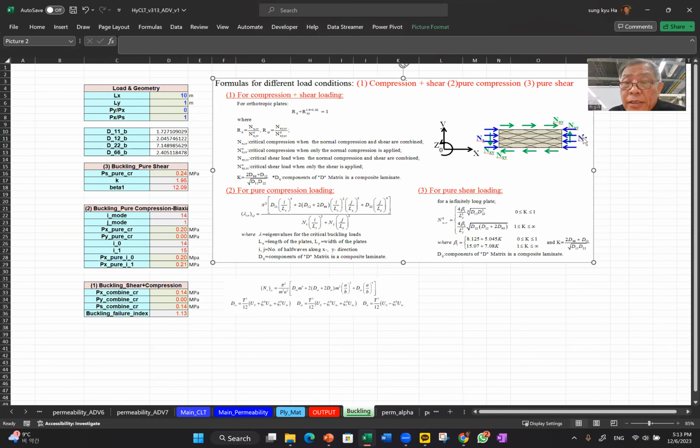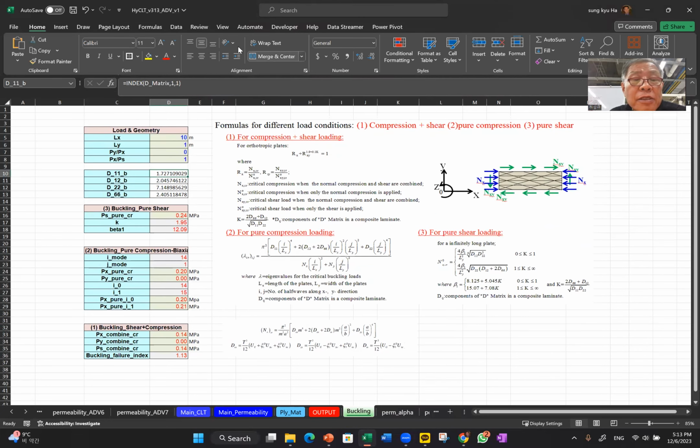So NX and NY, the shear load may cause another buckling as well. And this is the length L1 and L2. And then the loads we apply, the PY and PX ratio, and the shear load ratio. And then the layup sequence will give us a certain bending stiffness. So this one is from our laminate sequence.